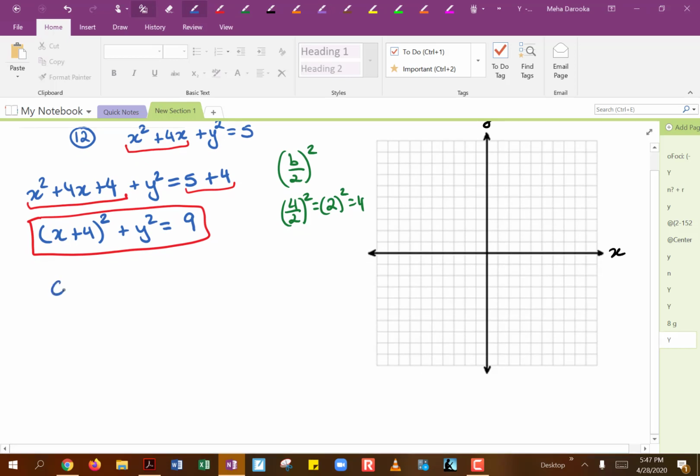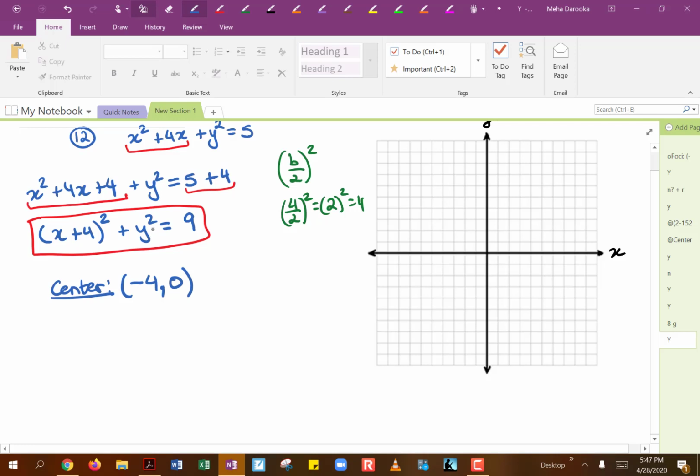So now the center of our circle is going to be at, again, it's x plus 4, which means 4 itself is a negative number. Now you just have y squared by itself, which means our k value here is going to be 0. So your center is going to be at -4, 0. So again, -4 coming from that x plus 4.